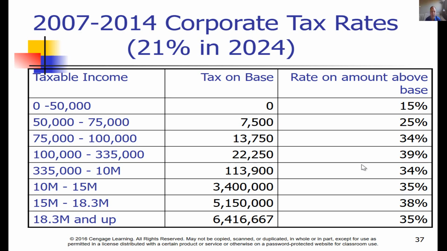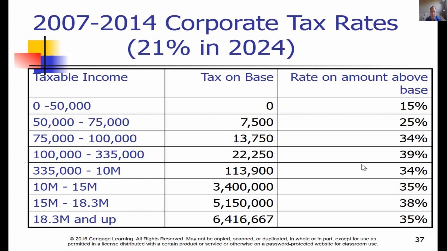Before that, the U.S. had some of the highest corporate tax rates in the world, which was inspiring a lot of companies to leave the United States. For example, Burger King left the U.S. and became a Canadian company. There are countries that still have significantly lower corporate taxes. For example, Ireland and Hungary have some of the lowest.